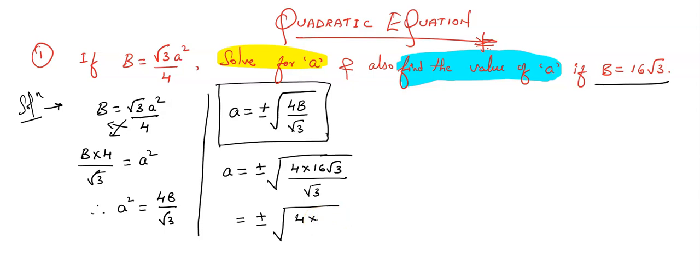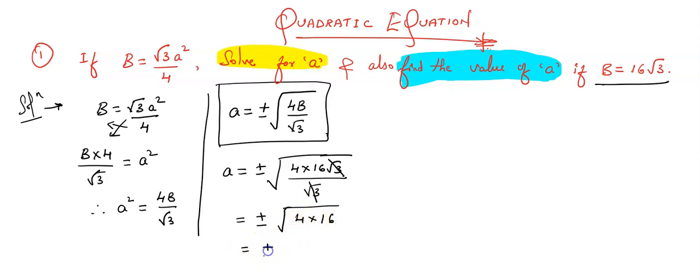Here, this root 3 and this root 3 will get cancelled, both the root 3's. So what is left out? 16 by 1, which you can leave as it is. So you can just write it as 4 into 16 also.